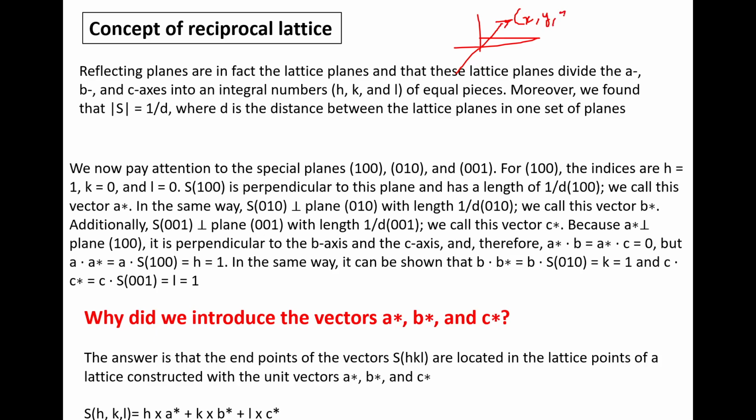But to make this calculation easier, we get the diffraction spots in a reflecting plane, where you have the three axes, which here were A, B and C in real space. So this is something known as real space, and this is your reciprocal space.